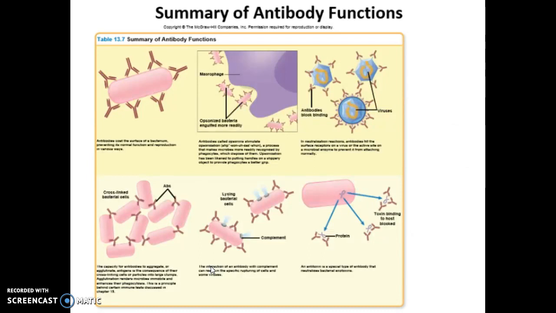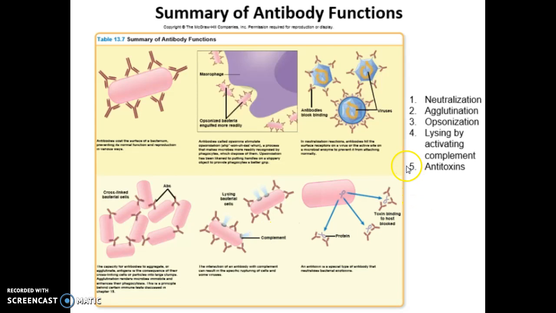All right, now looking at the function of the antibody. So now that you've seen the antibody, how it's created, and it's an antibody, which means it's free-floating, there are 5 different functions of the antibodies. All right, one, it can neutralize something. So here you have neutralization of this virus.